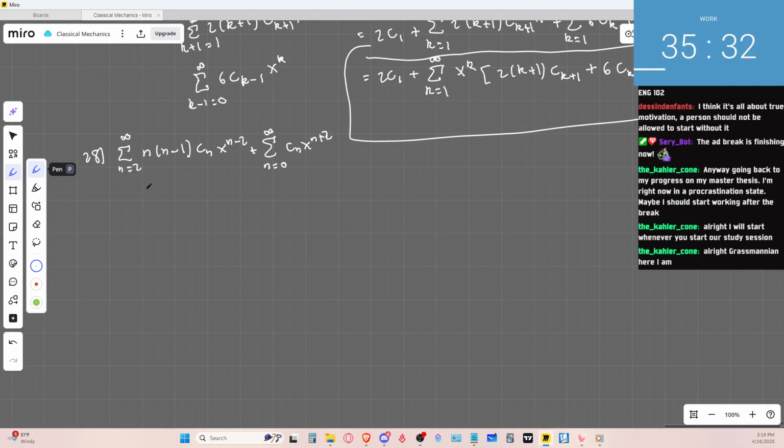So k is equal to n minus 2. So n must equal k plus 2. And this one, k is equal to n plus 2. So then n must be equal to k minus 2.